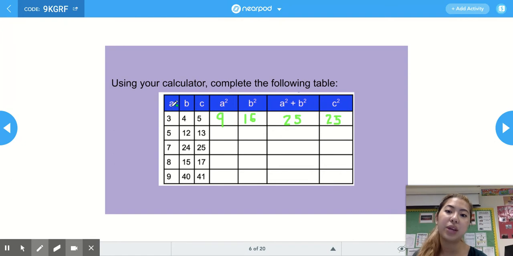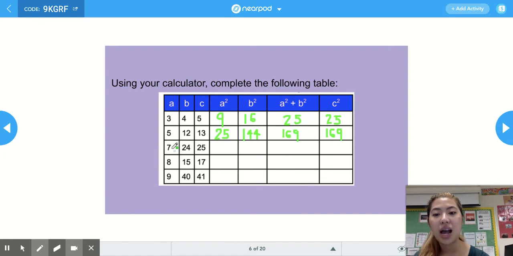Then for the second row, 5 squared, 5 times 5, is 25. 12 squared, 12 times 12, is 144. 25 plus 144 is 169. 13 squared, 13 times 13, is also 169. And so this is another example of how a squared plus b squared is equal to the value of c squared.